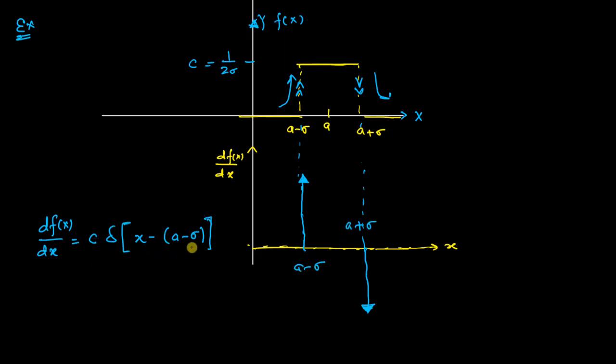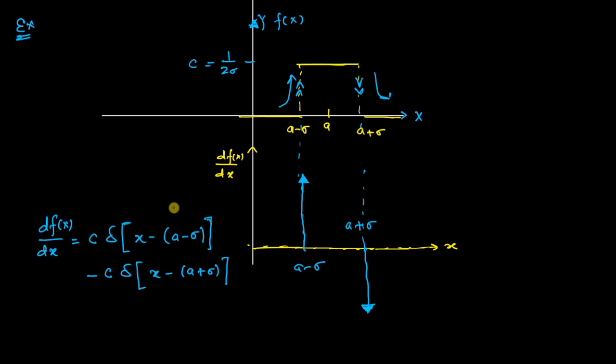So you have a delta function at a minus sigma which has a positive strength, minus c times delta(x minus (a plus sigma)). So you have another delta function which has a peak at a plus sigma and has a negative strength, that is minus c. So this is the mathematical representation of the derivative of a box function. If you take a derivative of a box function, it must be related with delta functions. It's not as simple as you think.